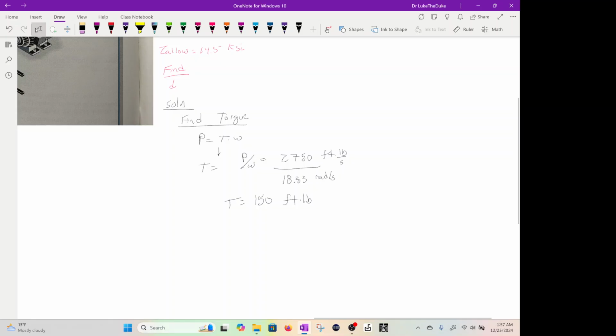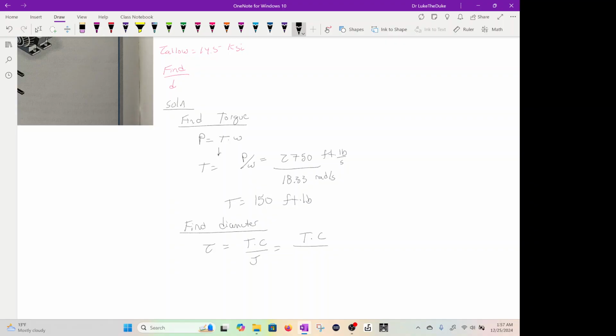Okay, and then we can find diameter, basically saying that tau equals Tc over J. And we know this is a solid shaft.